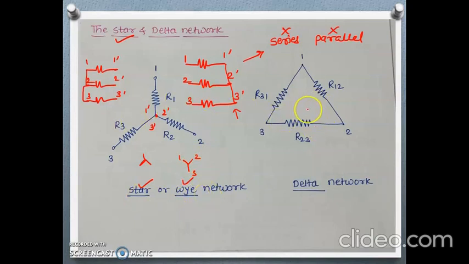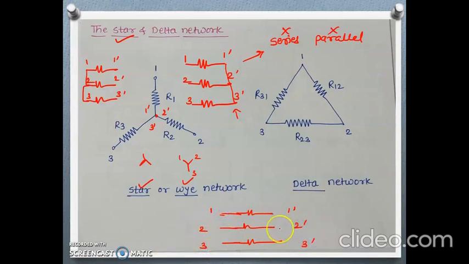Then what is a delta network? Suppose we have the same three resistors, R1, R2 and R3, with the points 1, 1 dash, 2, 2 dash, and 3, 3 dash.